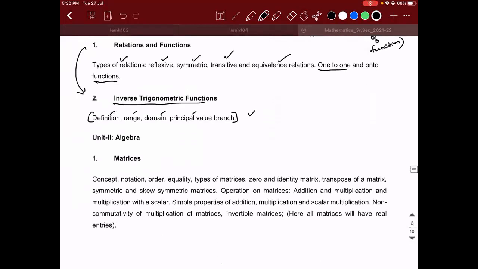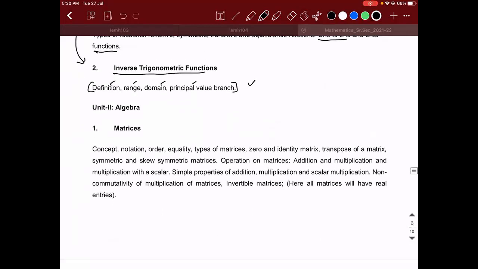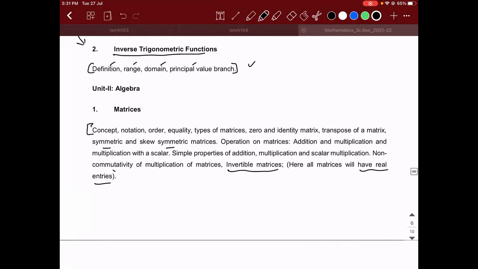Okay, so matrices: what they have done is only invertible matrices. All matrices will have real entries. Symmetric, skew symmetric, operations, addition, multiplication, simple properties of addition, multiplication, scalar multiplication, non-commutativity of multiplication of matrices are there. Then officially, we have completed this also.